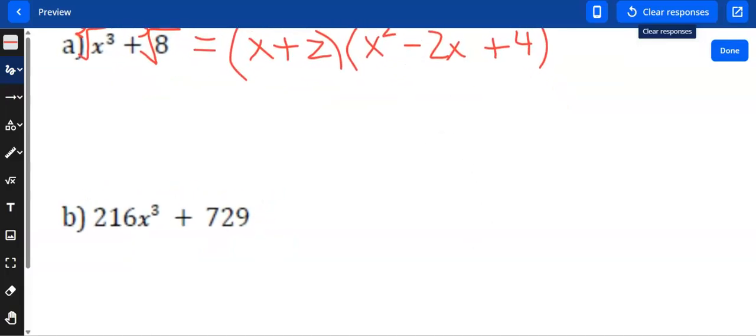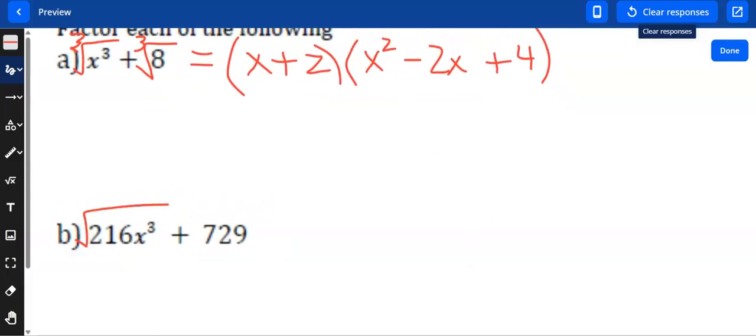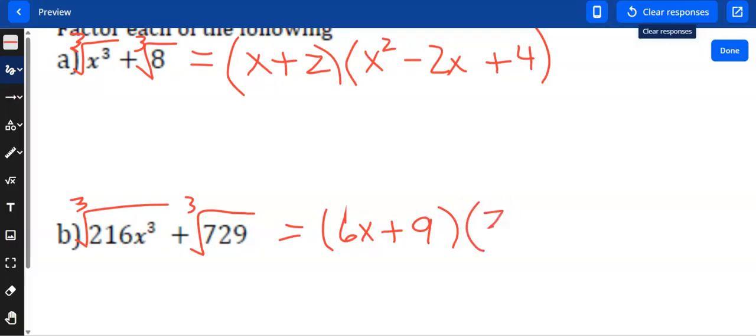Cube root, cube root. Six x. I think 9. Square the first one, square the last one, multiply them together and take the opposite sign.